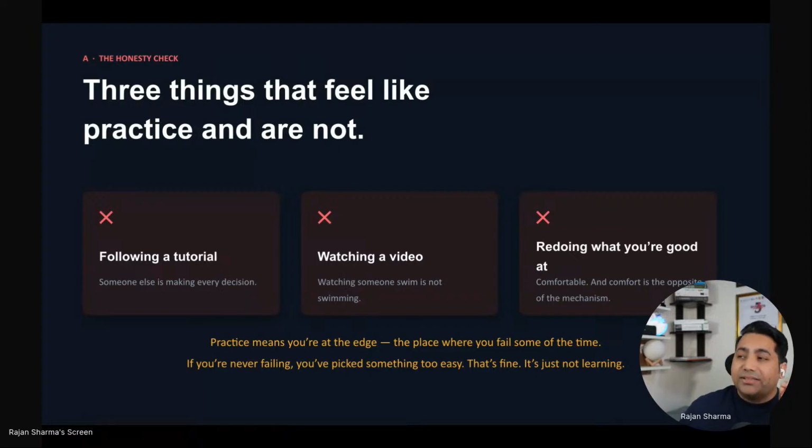Practice means you fail sometimes, you know why you're failing, and you figure out how to solve it. If you are not failing, either you picked something too easy, or maybe you are just enjoying yourself, where you understand so deeply that you solve a problem pretty fast and pretty accurately. If you are doing this, great, you are on the right path. But still it's very hard to produce that.